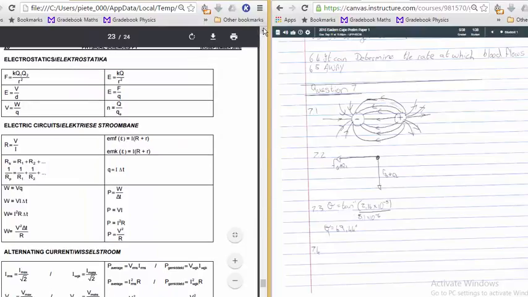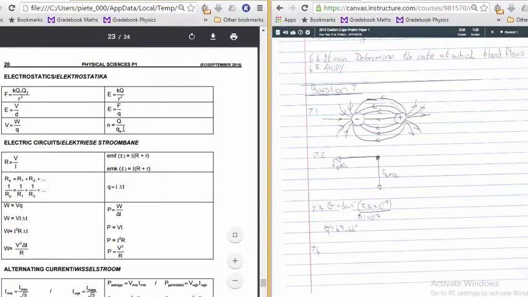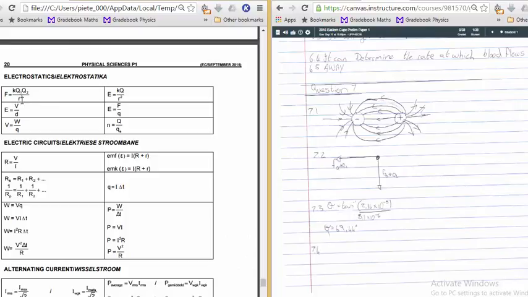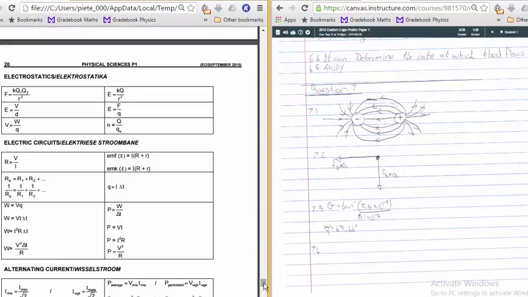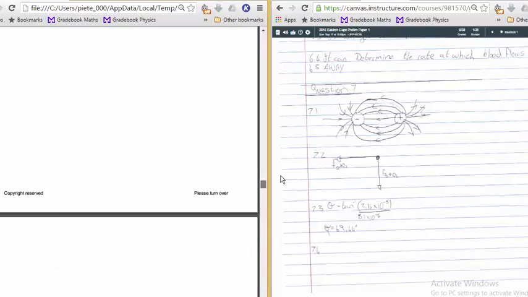So the force exerted is equal to K times the charges between the two over R squared. So here the student, I'm not exactly sure what he did there, but that is going to be our calculation.